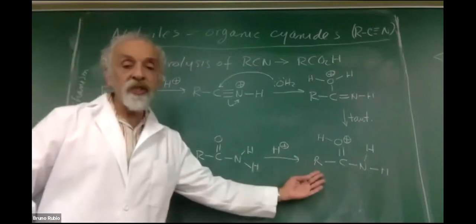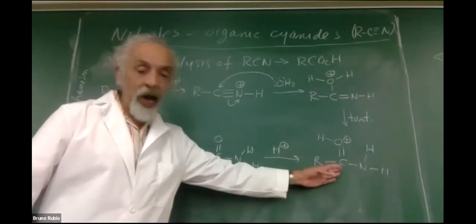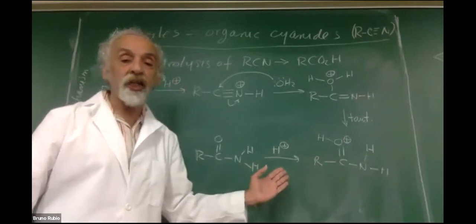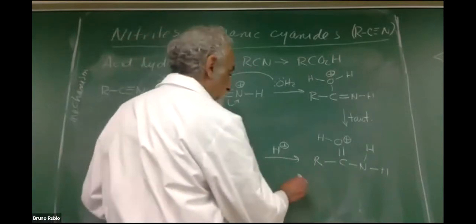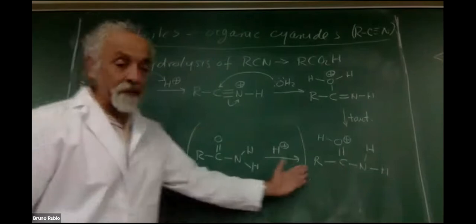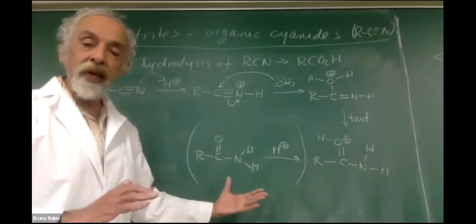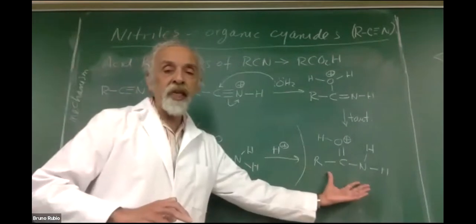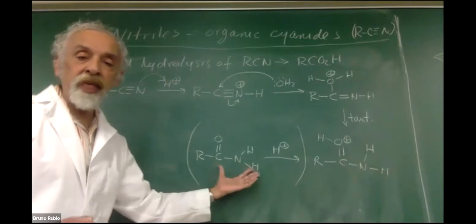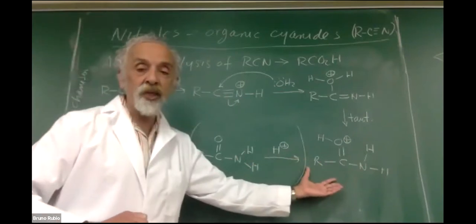So the rest of this mechanism is just acyl substitution, hydrolysis of an amide under acidic conditions. Okay, so I'm going to put this in brackets, because this isn't happening here. I'm just trying to make the comparison about how this intermediate derived in this way is the very same intermediate that you would get if you started with an amide and added acid to it.